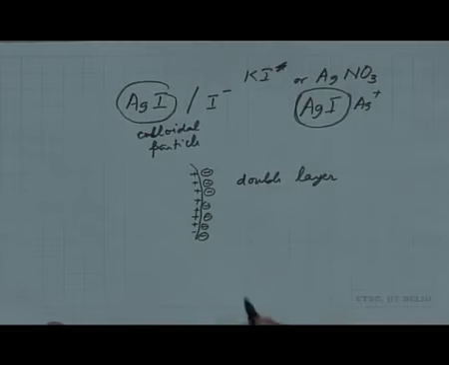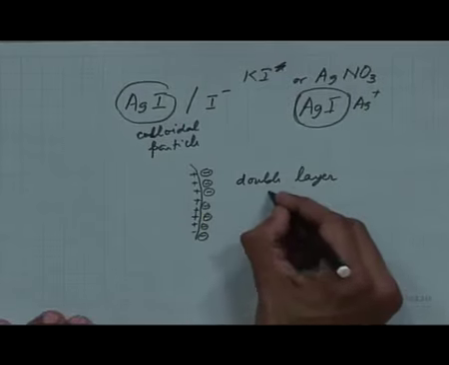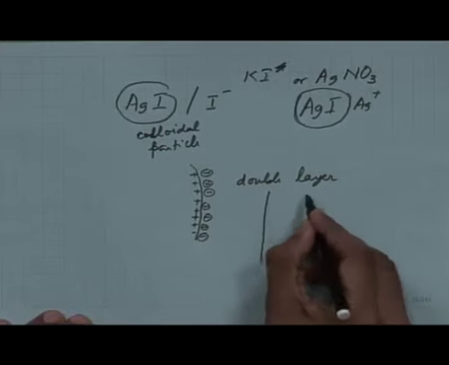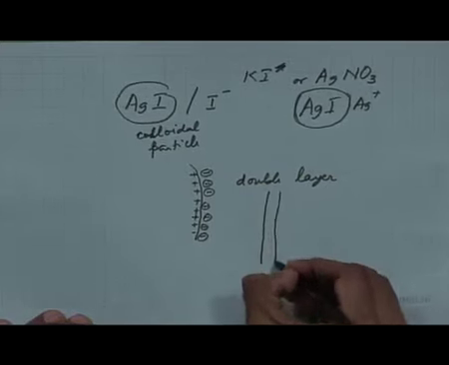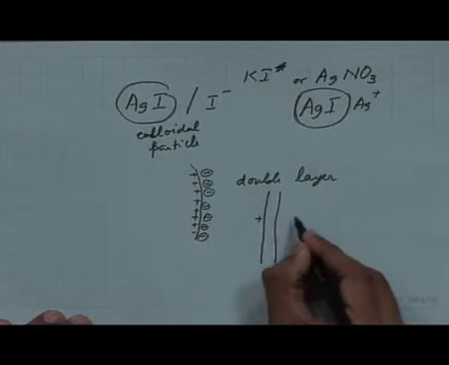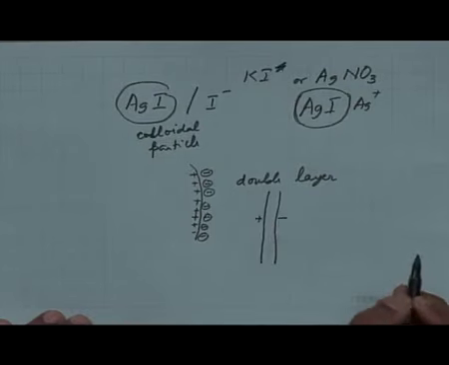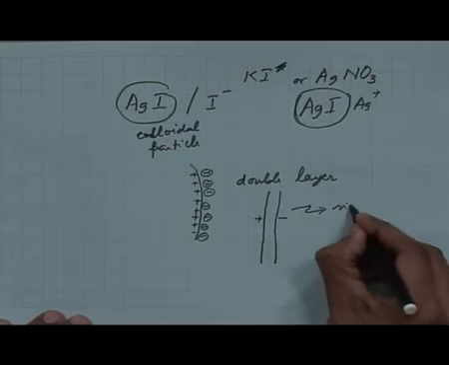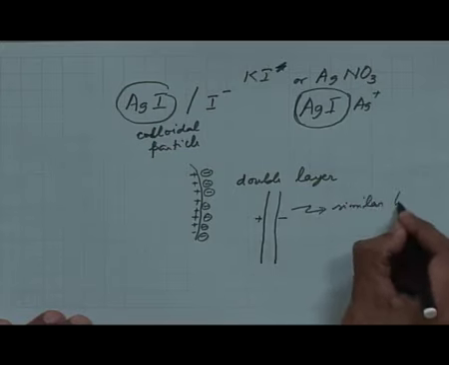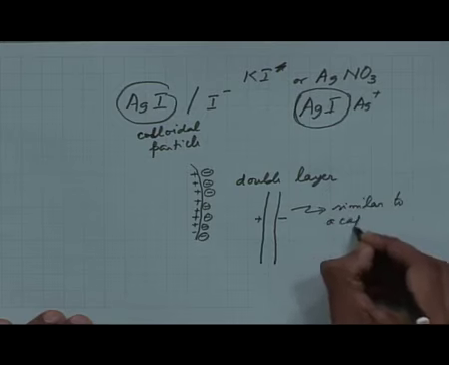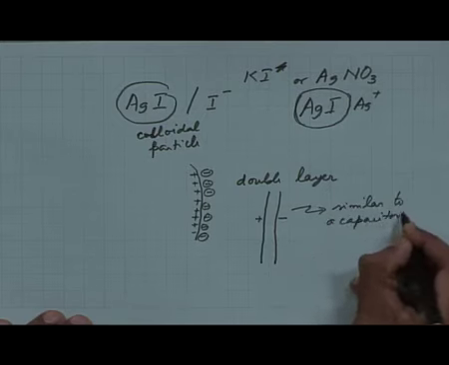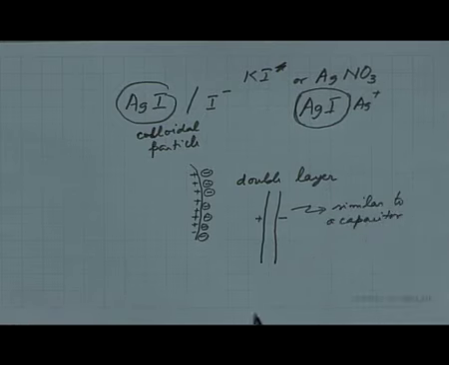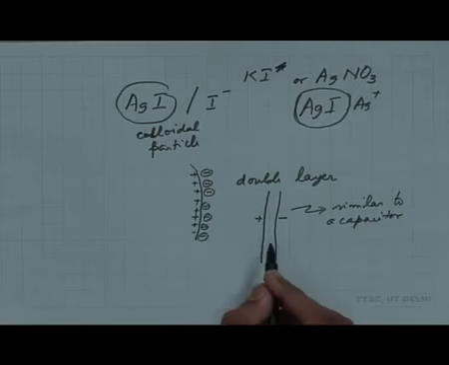And in the extreme case, you can think of this double layer essentially as two flat portions where one is positively charged and the other is negatively charged. So, it looks similar to a capacitor. And this model is due to Helmholtz, and this is called a Helmholtz double layer.